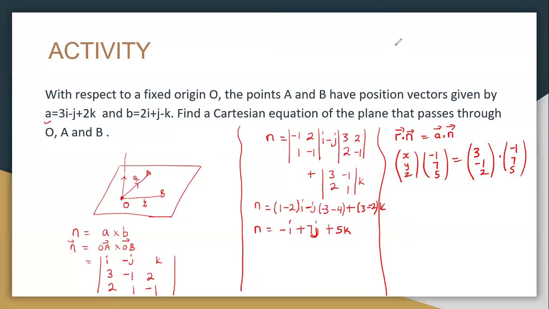Oh, that one came from the principles. When we were starting this topic, we said that when I have I, J, and K, whenever I'm moving in the anti-clockwise direction, I cross J, I end up with a K. When I cross J cross K, I end up with I. But the moment I reverse the direction, and I have, let me say, J cross I, then that gives me a negative.